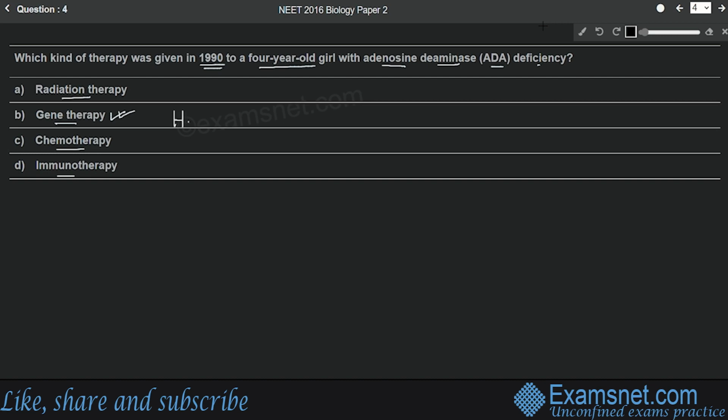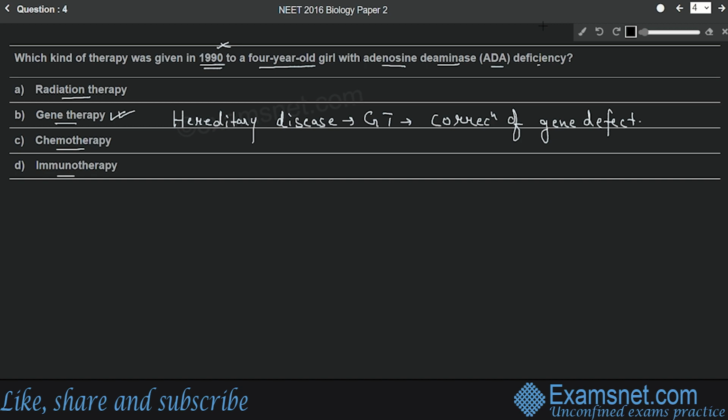When the disease is hereditary, we use gene therapy. It is basically used for the correction of gene defects. So in 1990, a 4-year-old girl with ADA deficiency was treated with gene therapy.